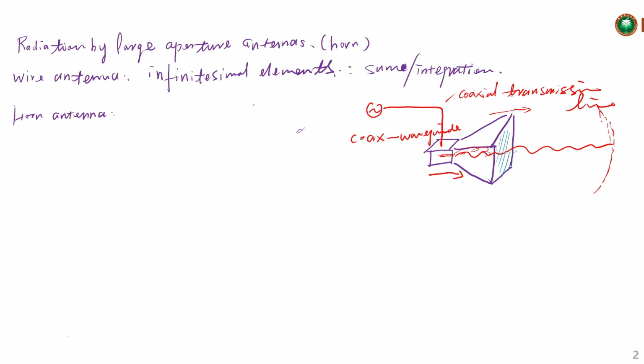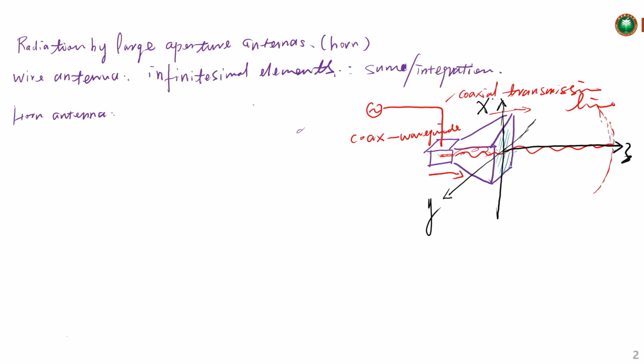It has a distribution, and we can plot it in a Cartesian coordinate system with an x axis and a y axis, and along this direction is the z axis, which points in the propagation direction of the electromagnetic waves.